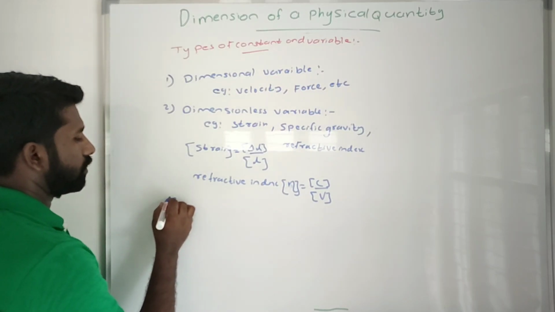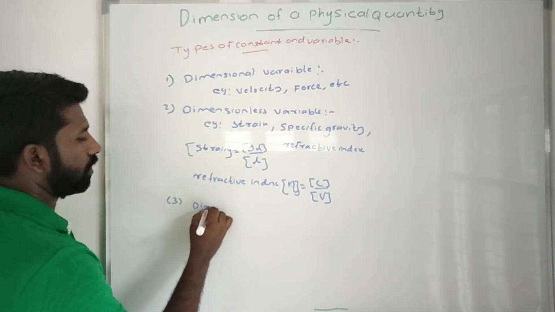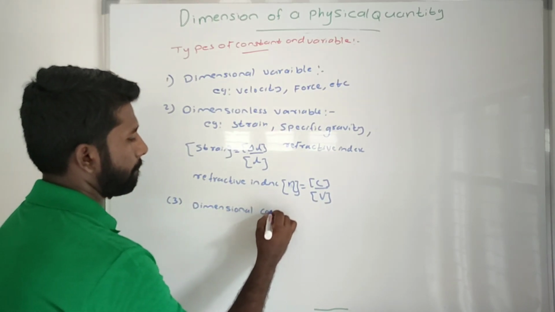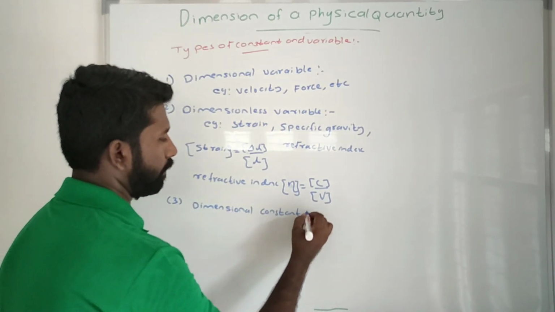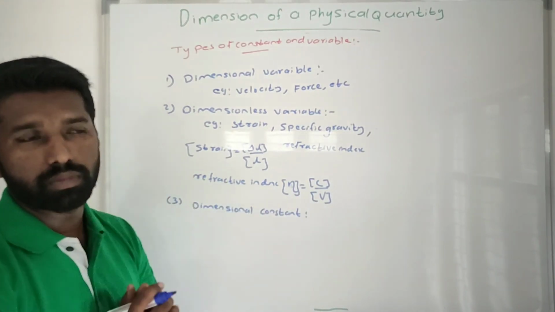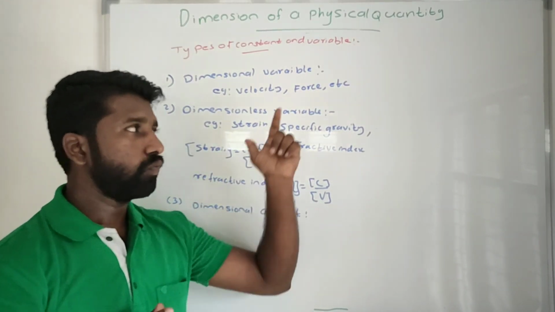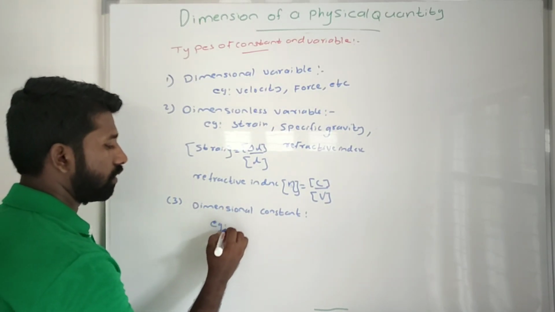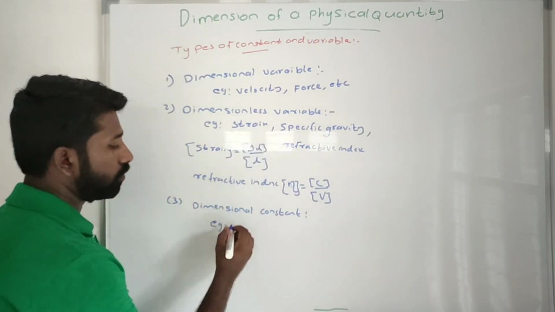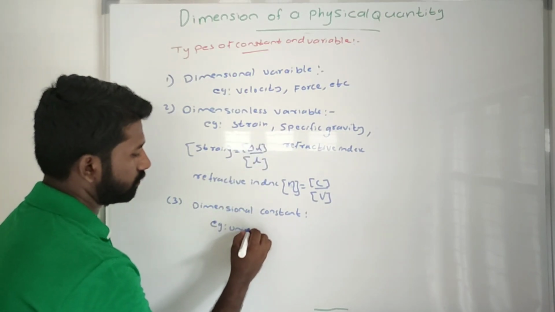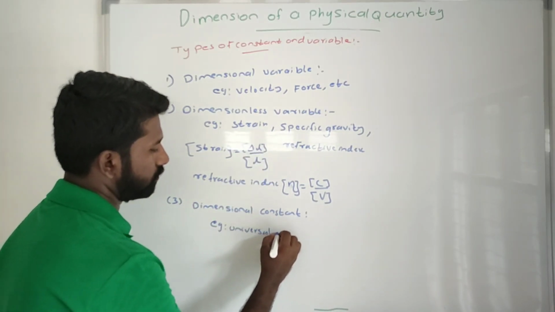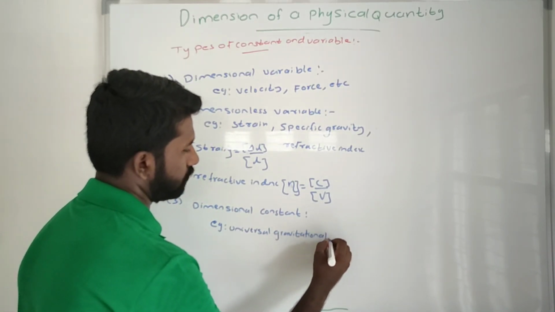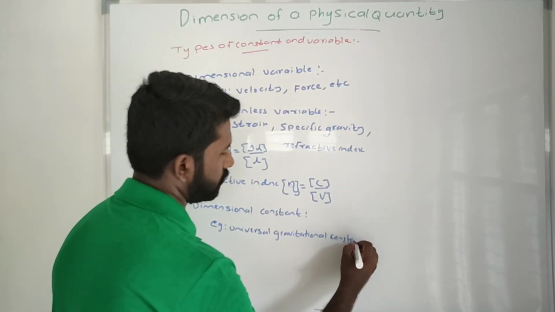Next, the third one is dimensional constant. That means the constant has dimension. Some constants have dimension. We already found a constant that has a dimension, that is the universal gravitational constant.